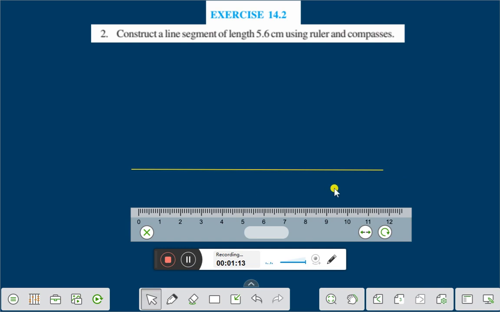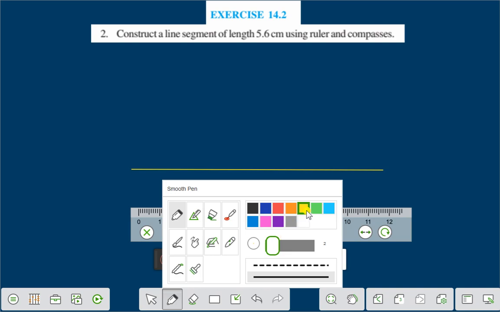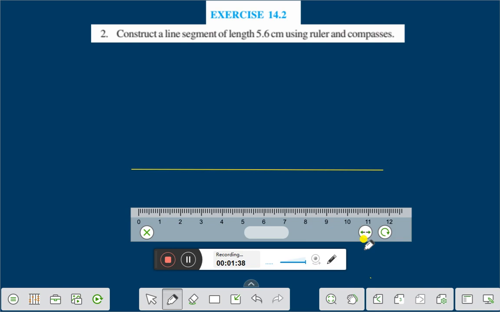And suppose the name of this line is L. We are writing here the name of this line is L, right? Now construct a line segment of length 5.6 centimeter using a ruler and compass, right?